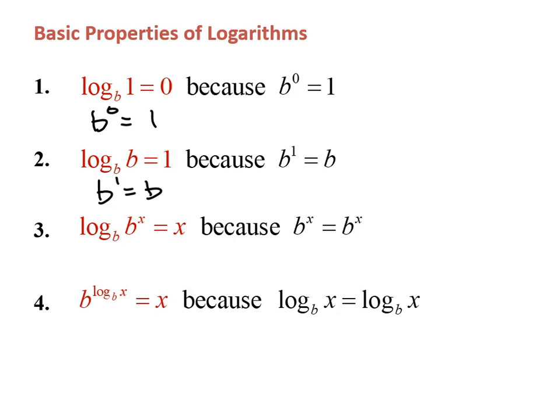In this case, log base b of b to the x equals x. That's kind of like the natural log one that we were doing. If you take b to the x, here's your base, here's what it equals, but then that's supposed to equal b to the x. Well, that makes sense. Of course, log base b of b to the x is going to equal x because b to the x equals b to the x.